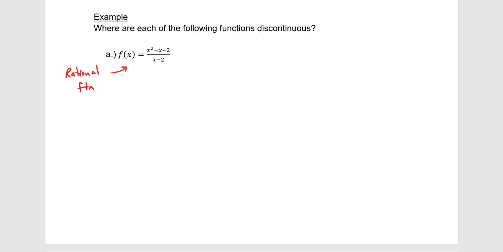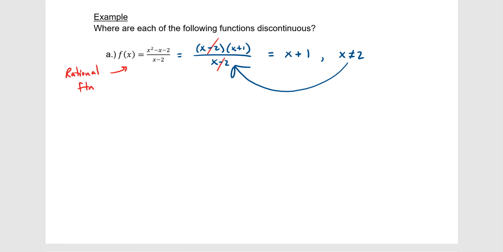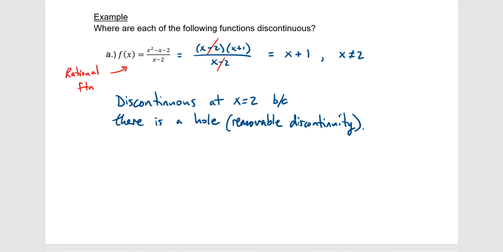But before we take a look at what we're going to do, let's go ahead and factor the numerator. The numerator factors to x minus 2 times x plus 1 over x minus 2. The x minus 2's cancel. So this function actually equals x plus 1, but x is not allowed to equal 2 because that's what makes the denominator equal 0.